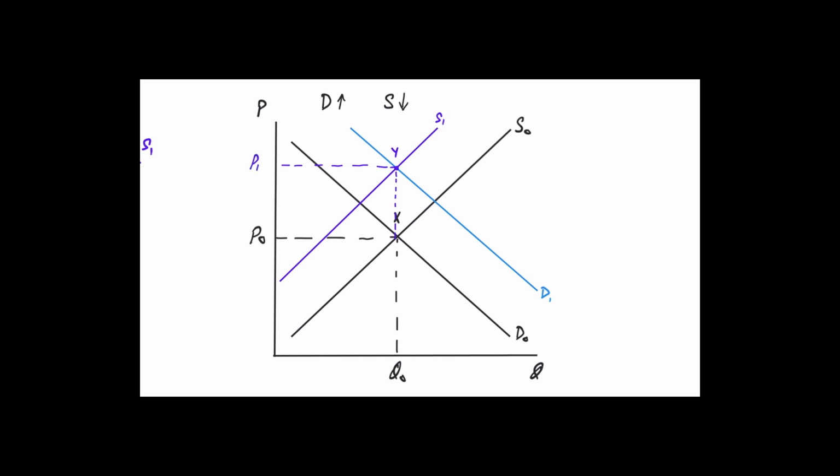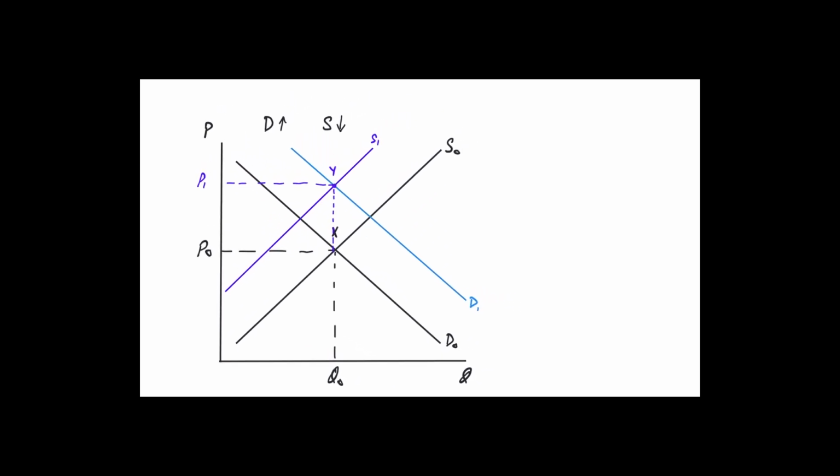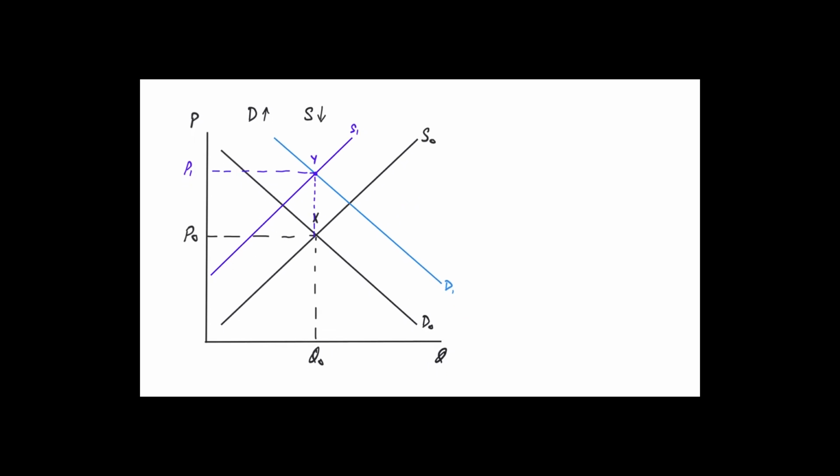Now again, just get this in your head that a double shift will always have one factor uncertain. Always. It depends on the size of the shift, unless they have told you whether the demand shift is bigger or the supply shift is bigger. So, to be sure which one is an uncertain factor, I will look at them individually.